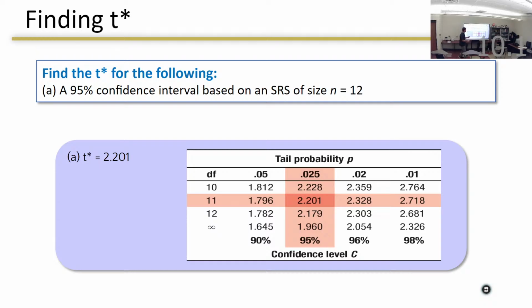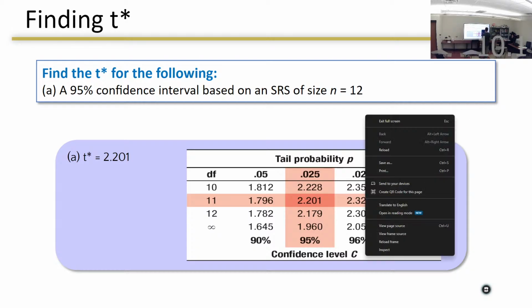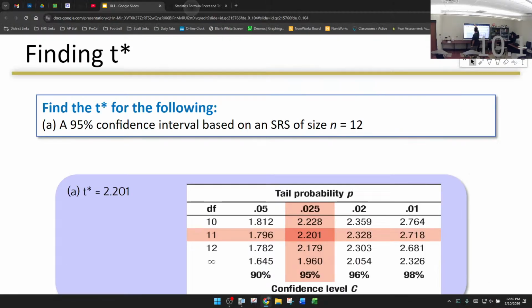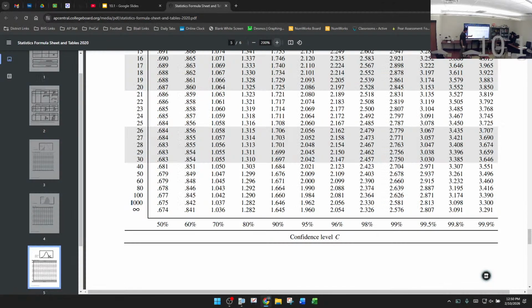Just understand that the table does skip some values. Okay, 50, 60, 70, 80, 90, 95, 96, 98. It skips 97. 98, 99, 99.5, 99.8, 99.9.